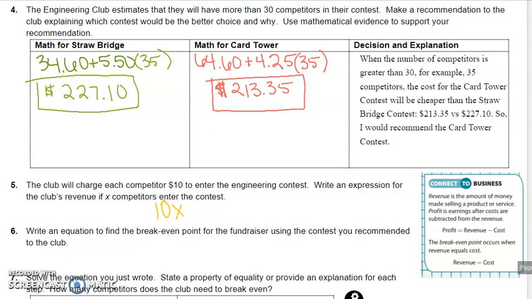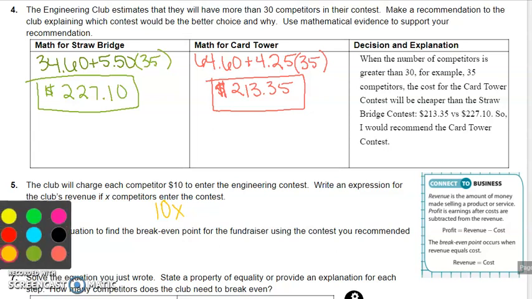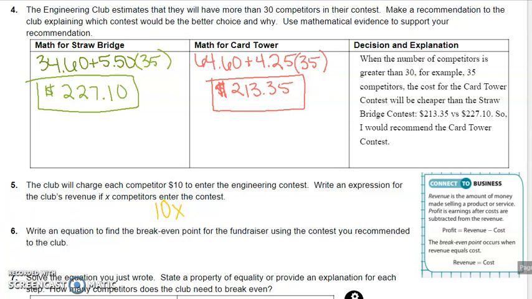So take a moment and see if you can analyze what the equation or expression was for how much money we were spending and how much money we were making, or our revenue, in other words. And then see if you can create this equation on number 6.